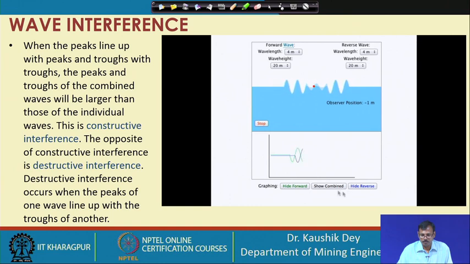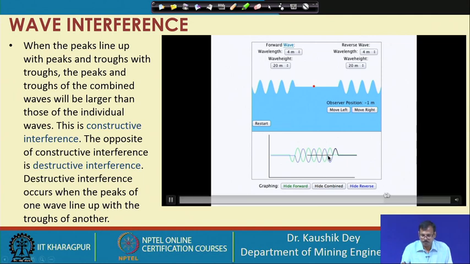This destructive interference causes the observer to not move as the two waves pass the spot occupied by the observer. You can see that the waves are completely out of phase, which results in a net motion of 0 for the observer. These are the two end conditions.